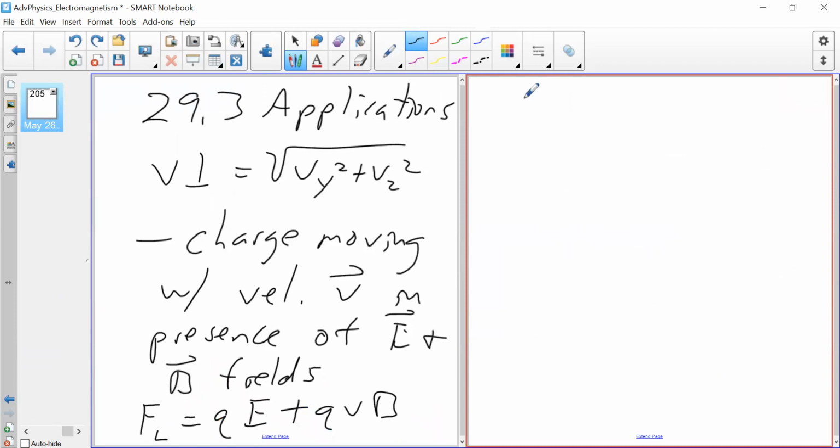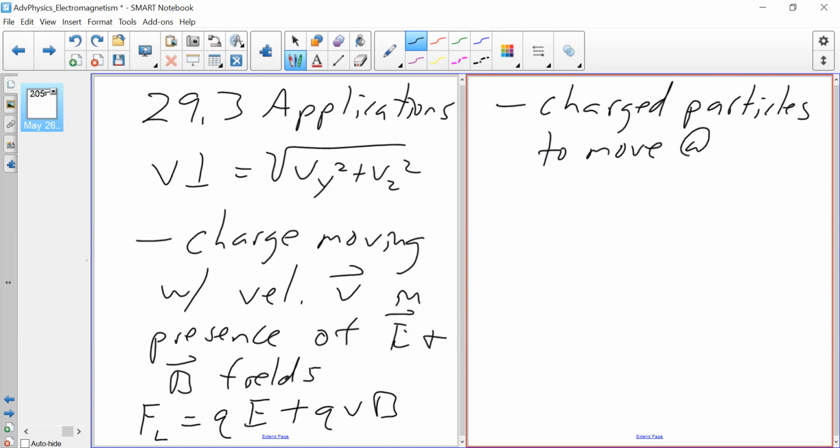What if we're trying to perform some experiments and we wanted the particles to have the same velocity, or constant velocity, and we didn't want the particle to be deflected in any way, didn't want it to go in a circle or into a helical pattern? Well, something we can do is create what is known as a velocity selector, and I will show that in a moment. So let's say we want charged particles to move at the same velocity.